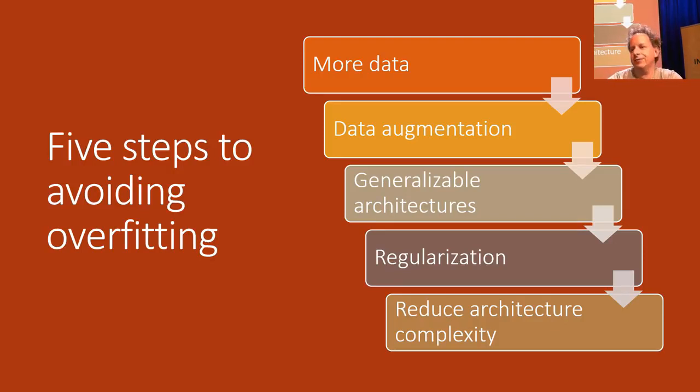And then last of all, reduce the architecture complexity. Most beginners especially start with reducing the complexity of the architecture, but that should be the last thing that you try, unless your architecture is so complex that it's too slow for your problem. So that's a summary of what we learned about in part 1.